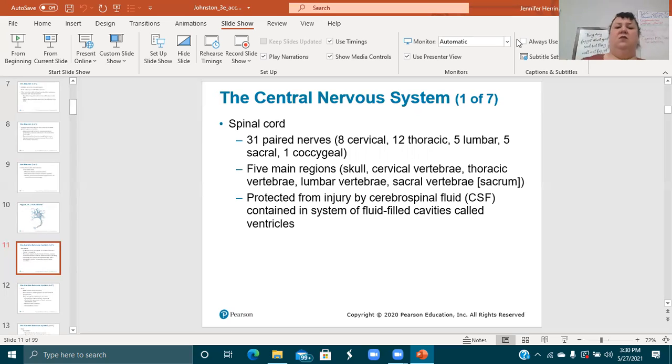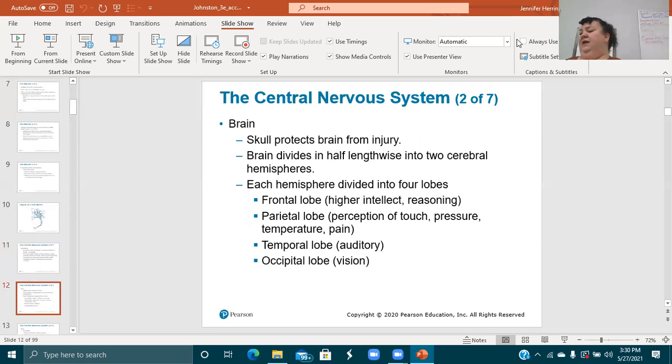That is the skull, cervical vertebra, thoracic vertebra, lumbar vertebra, sacral vertebra or sacrum. And the spinal cord is protected from injury by cerebrospinal fluid, or CSF, that is contained in a system of fluid-filled cavities called ventricles.